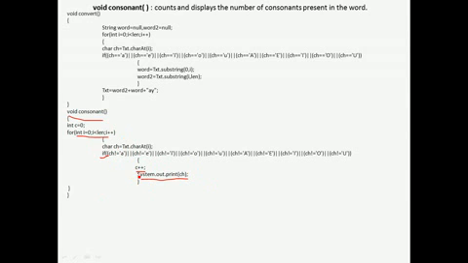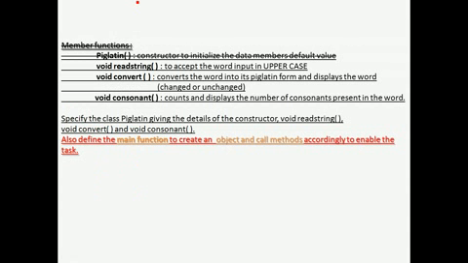Also we have to print the value of c. We will print it over here because it will be outside the loop, and in this way the whole member functions are written. So Pig Latin is done, readstring is done, convert is done, and consonant is also done.